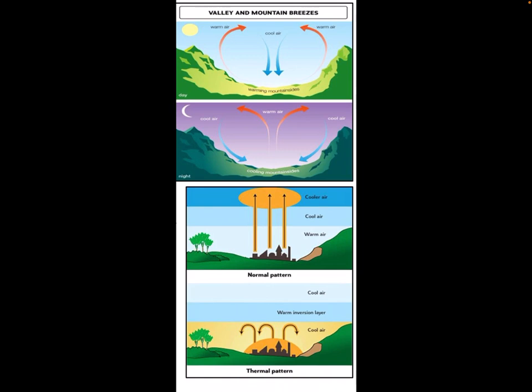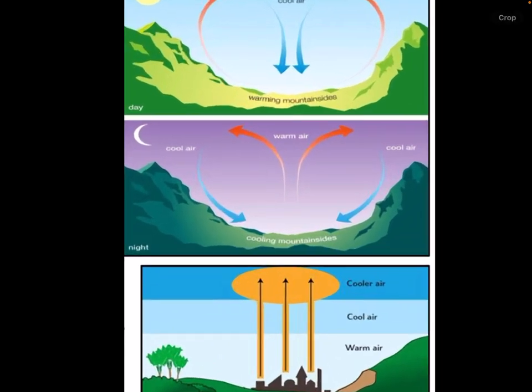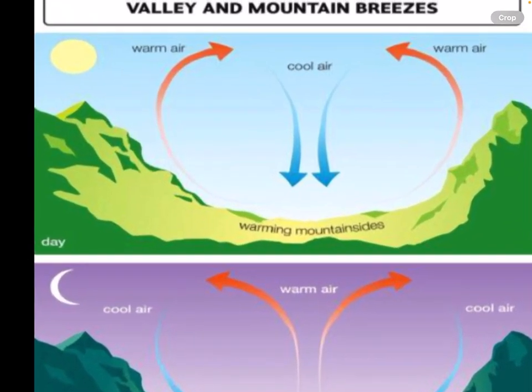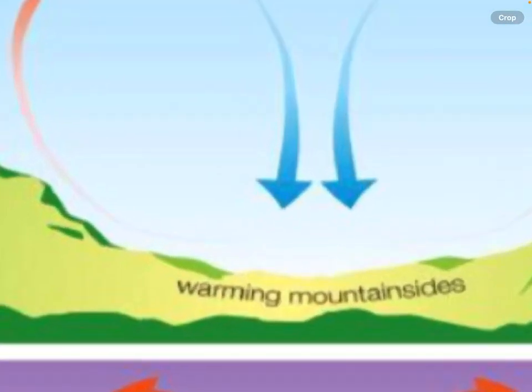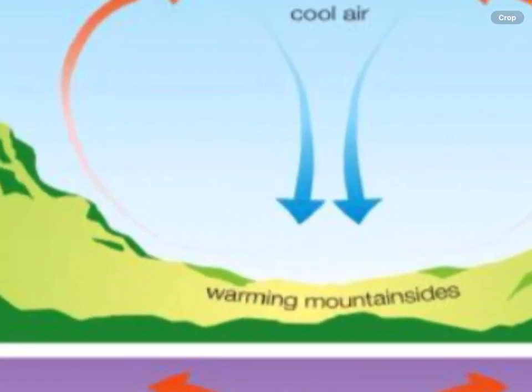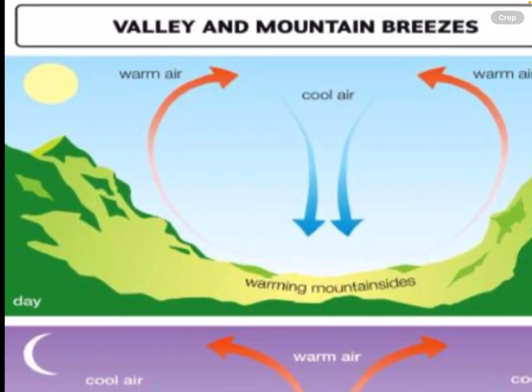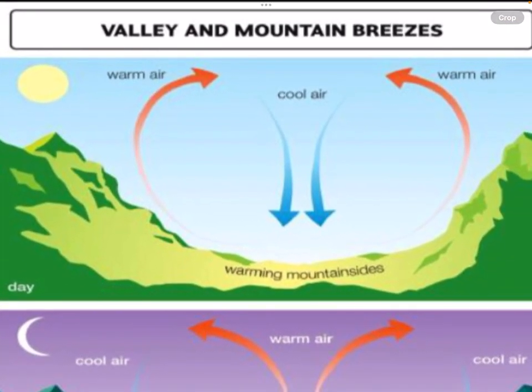Now, what is the process of mountain valley inversion? In the daytime, what happens? In the daytime, the solar insolation reflects on the mountain. This is the mountain, and this deep, shallow area is called the valley.